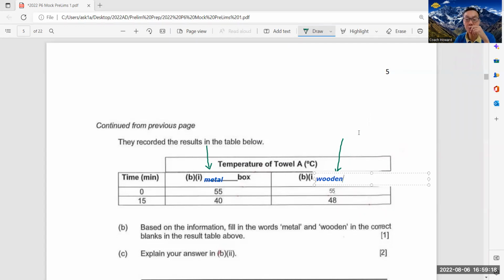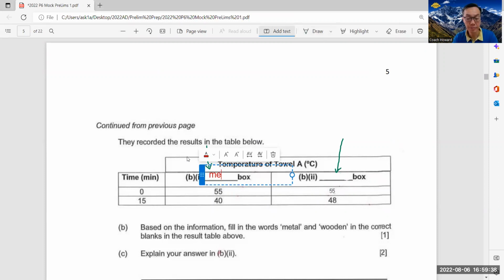Wooden box. Okay. Left is metal, right is wooden. Oh, okay, clear. I know why, because I put the wrong one. I put the text here. Hold on, text. So this is metal. And the other is wooden. Wooden box.